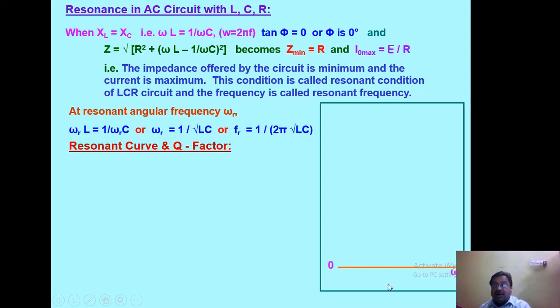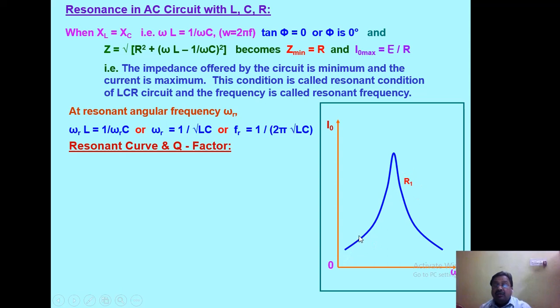Suppose angular frequency is along the x-axis and the peak value of current is along the y-axis. We may draw a graph showing the variation of I0 with omega, which will be of this curve shape having a peak here. This is for a particular resistance R1.